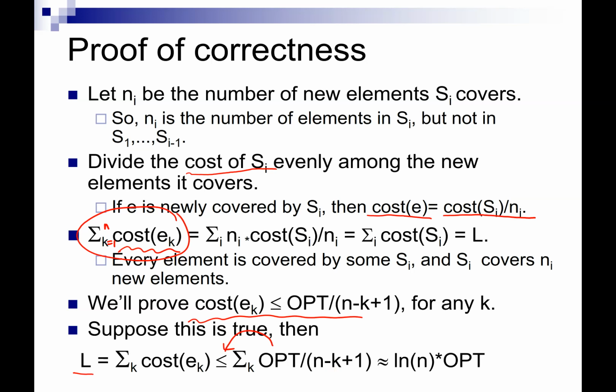We know that the sum is going to be at most log of n. Therefore this L here is going to be at most log n times the optimum cost, and that shows that this algorithm is a log n approximation.